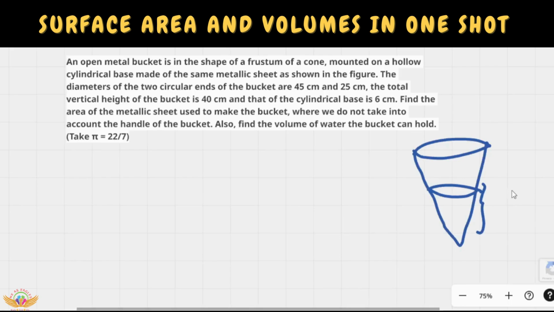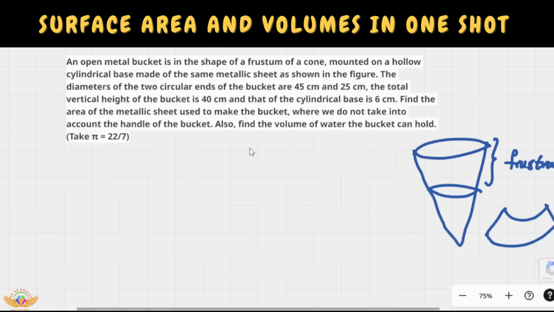It is like cutting a cone with a plane parallel to its base by removing the top portion. So this part is called the frustum of a cone. If I draw this shape again, it will be like this, and it is called a frustum of a cone.